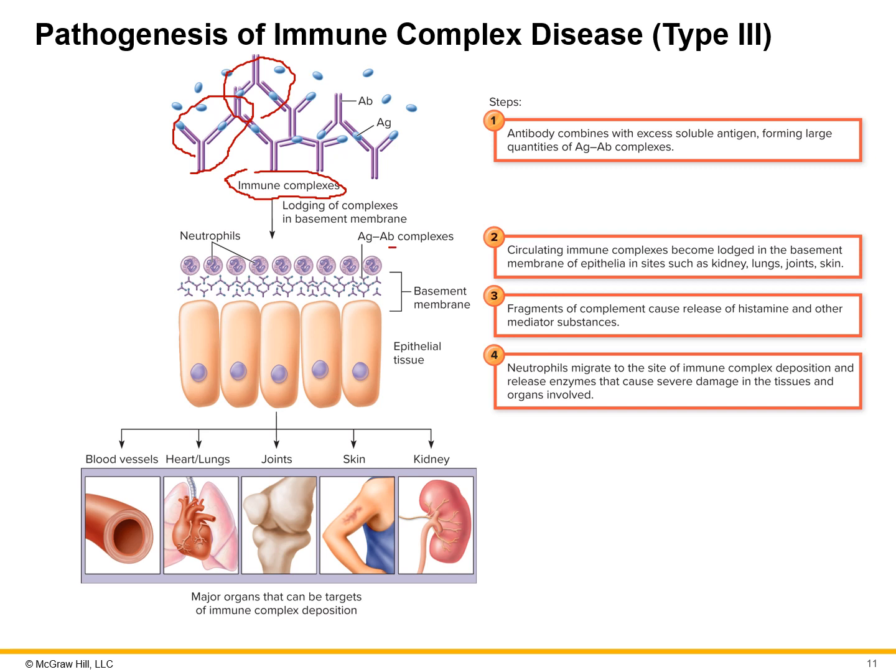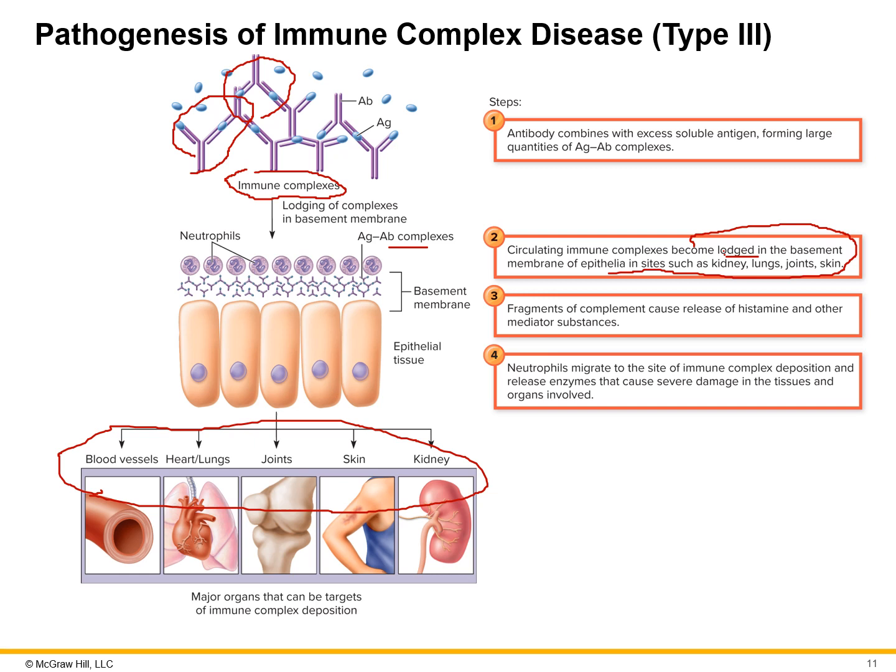However, if we get a bunch of these antigen antibody complexes, those can actually become lodged in the basement membrane of the epithelial cells of the kidney, of the lungs, and the joints and the skin. So in these particular locations, shown down here at the bottom, these clumps of antibody and antigen actually get lodged.